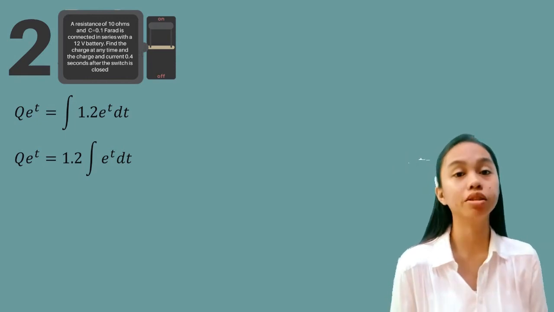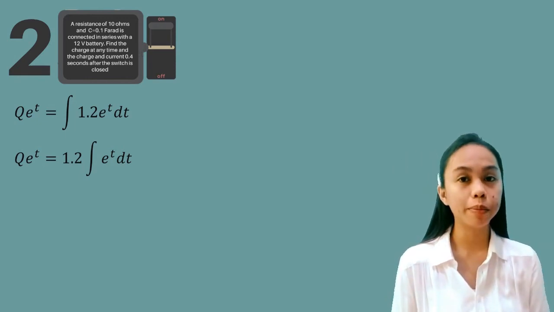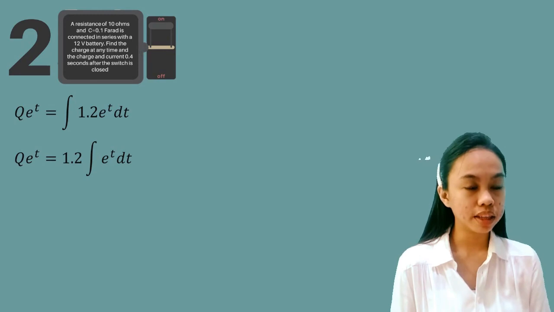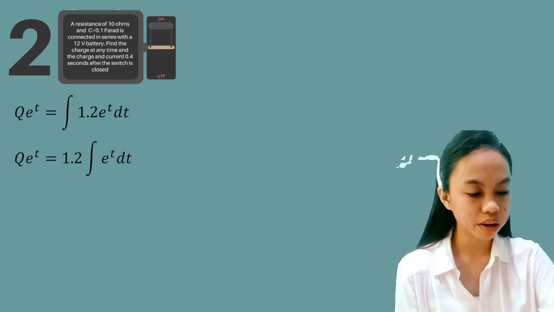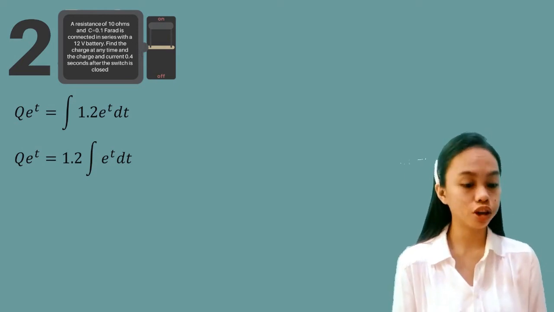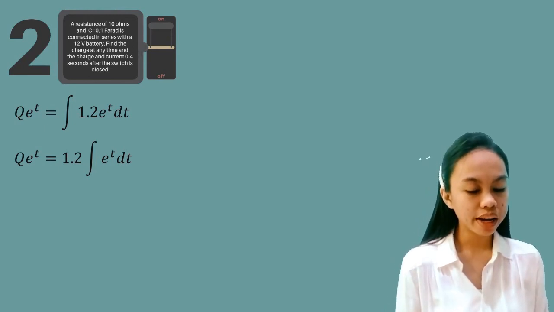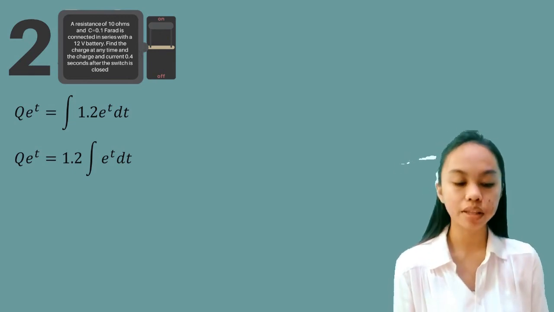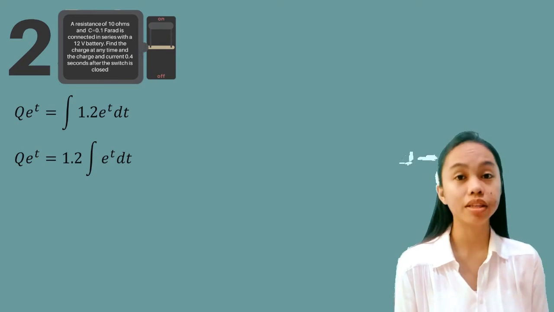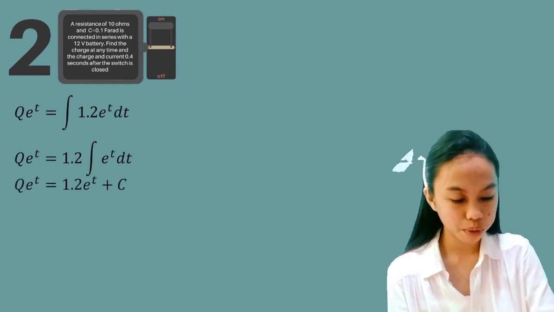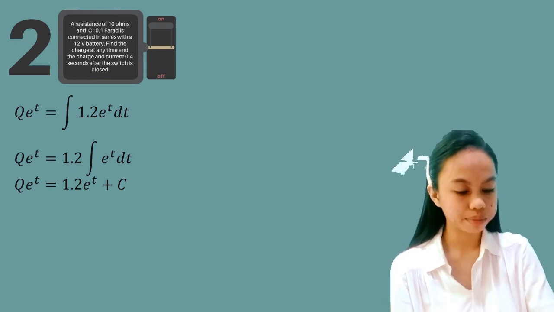Evaluating this, we follow the basic formula for integrating exponential functions: if we have the integral of e^u du, we get e^u. The same applies here, so the integral of e raised to the power of t dt is simply e raised to the power of t. So we have q e raised to the power of t equals 1.2 e raised to the power of t plus c.